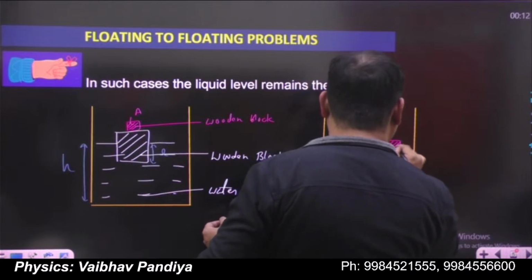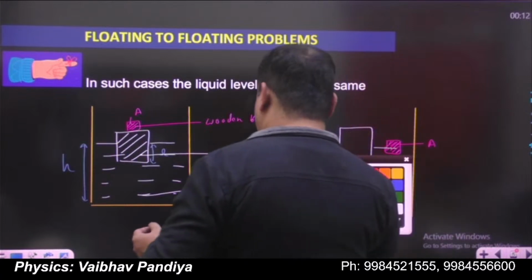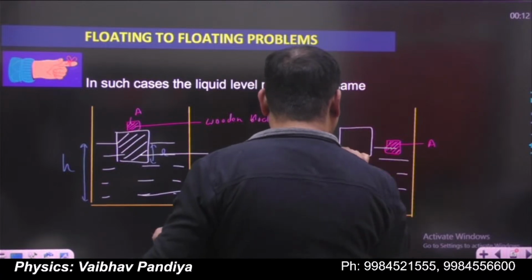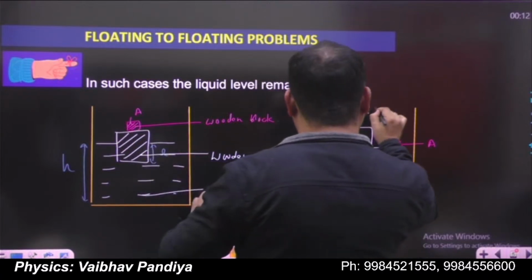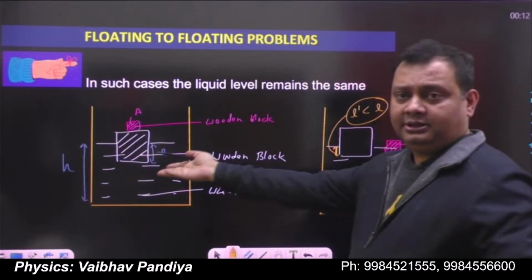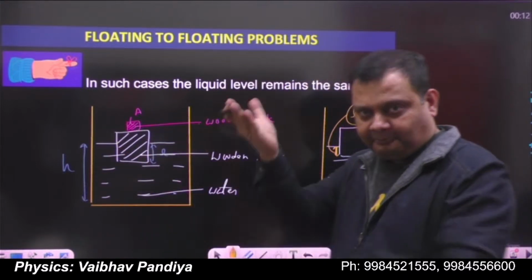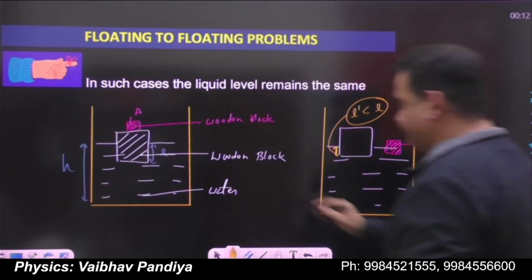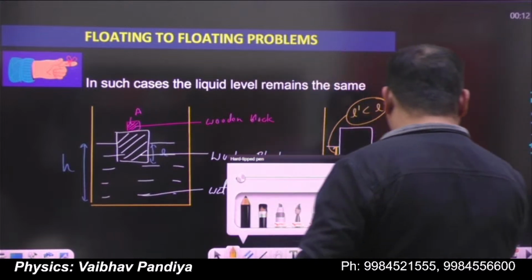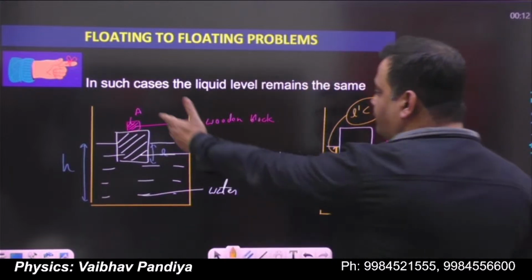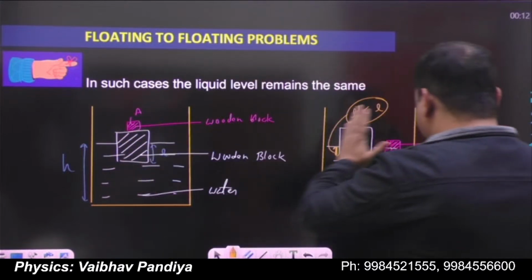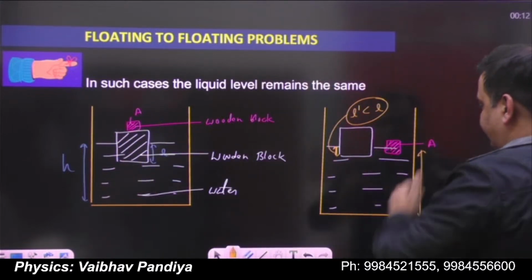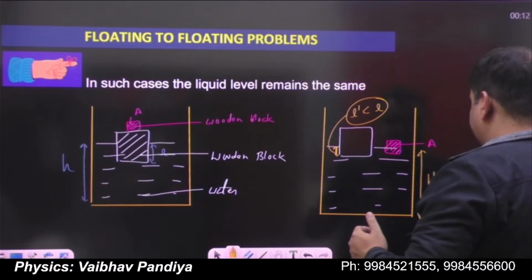So this level, say, will be L dash, and L dash will be less than L, correct? Simple logic. This bigger block will get lifted up because of a lesser upthrust. And what will happen to H? Because the same removed object, which was earlier over this bigger block, is still present in the same liquid and floating, H dash, the new height, will be the same as before.